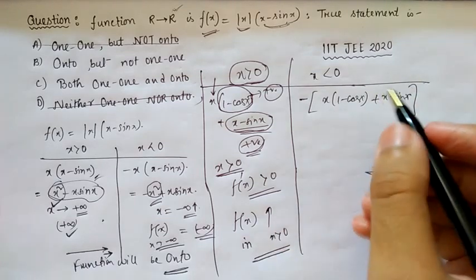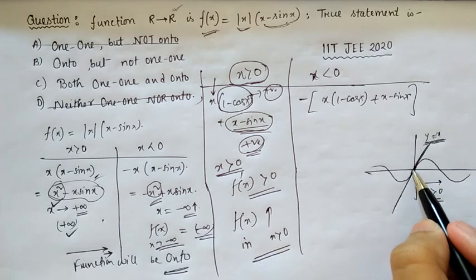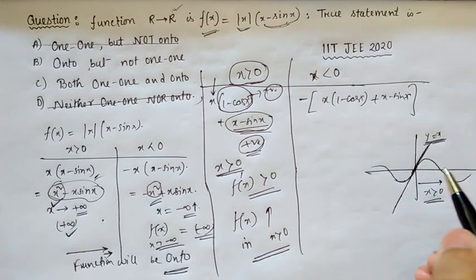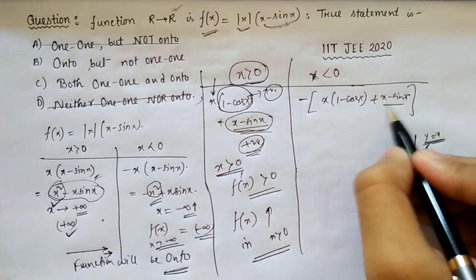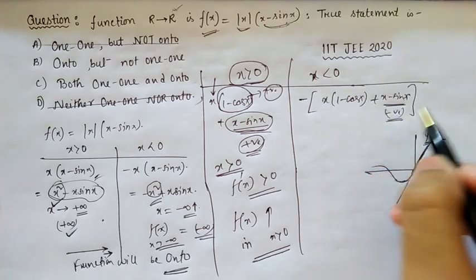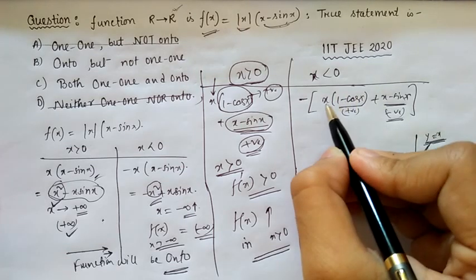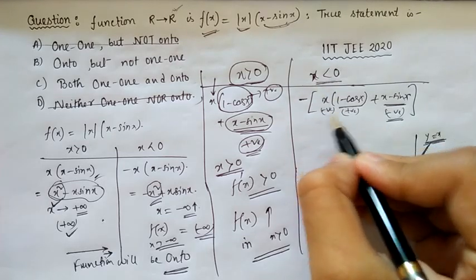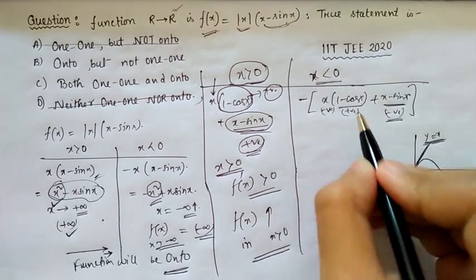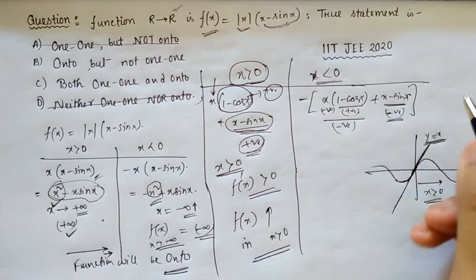And again, in the range where x is less than 0, we have sin x greater than x. That means this term will be negative. And 1 minus cos x is always positive, and x is negative, so negative into positive will be entirely negative, and this term will also be negative.